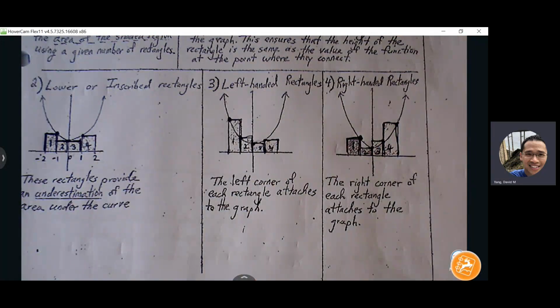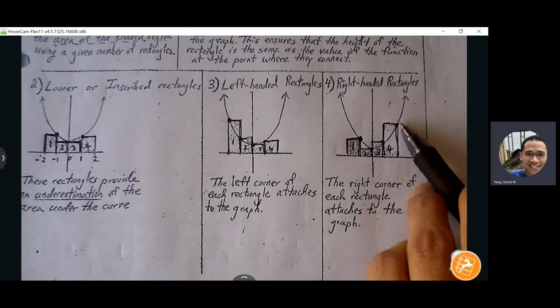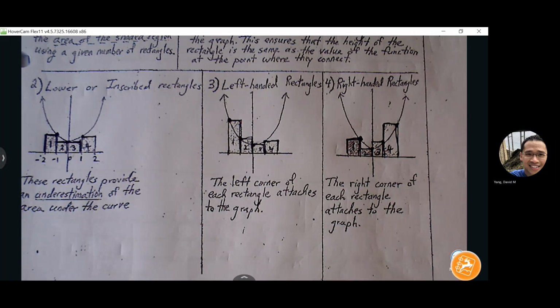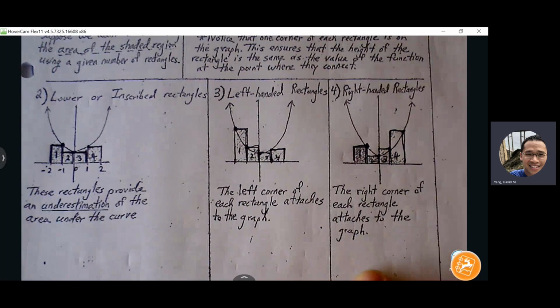And notice that we are purposely attaching the corners to the curve because we want the curve to represent the height of each subinterval. Okay, any questions with that? Okay, good. Let's go to the next page.